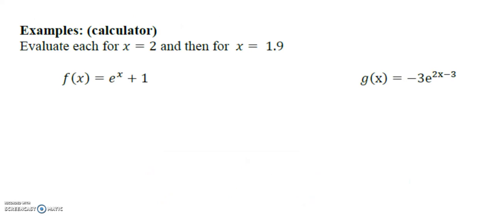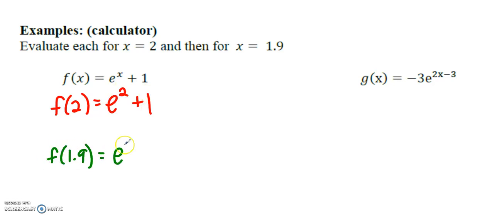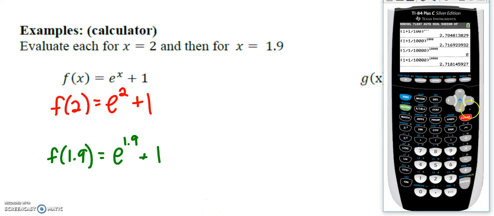It says evaluate for x equals 2 and then x equals 1.9. Well, for x equals 2, that means f of 2, and we get e squared plus 1. That's actually an okay answer. We can leave it just like that. If I did f of 1.9, that would be e to the 1.9 plus 1. Again, these are okay answers. If I wanted to, though, I could use my calculator, and there are two places you'll find e. The first is right here, a little blue e to the x.